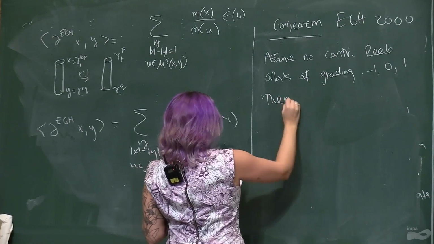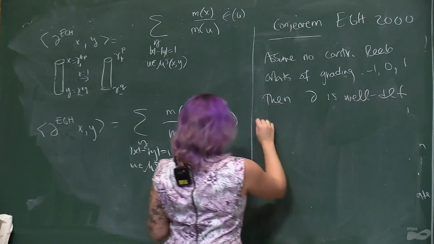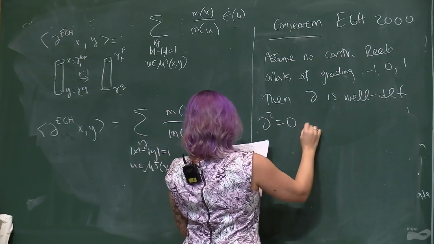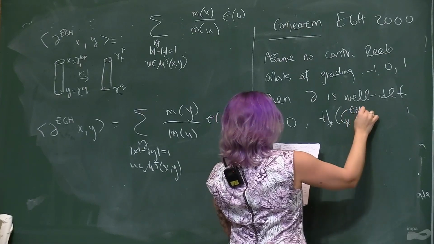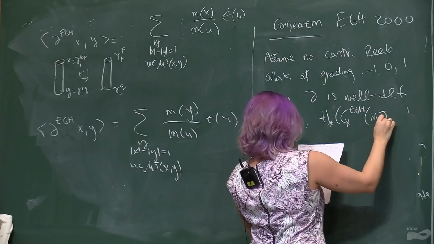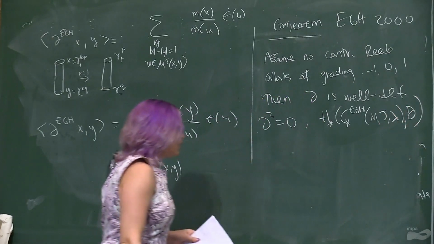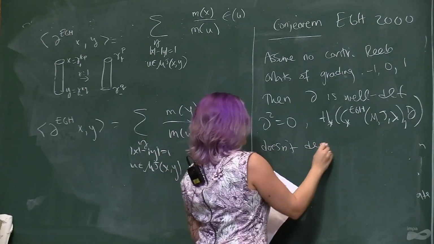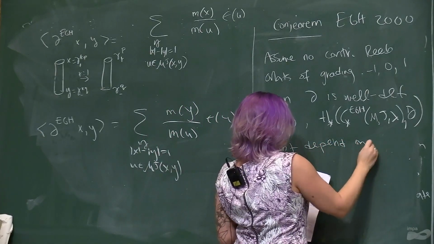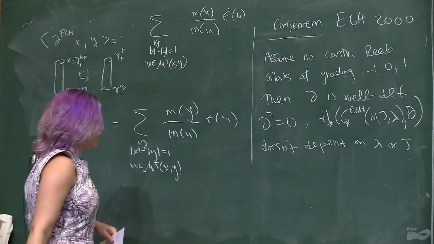Then the differential is well defined, d squared is 0, and the homology of this chain complex, which depended on J and lambda, doesn't actually depend on the choice of lambda or J. So you get a contact invariant.